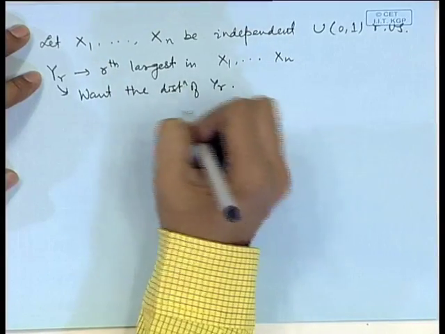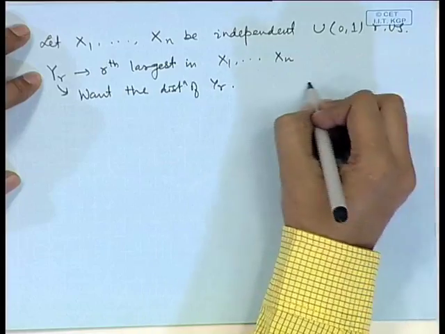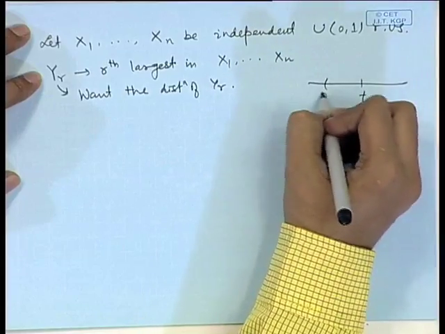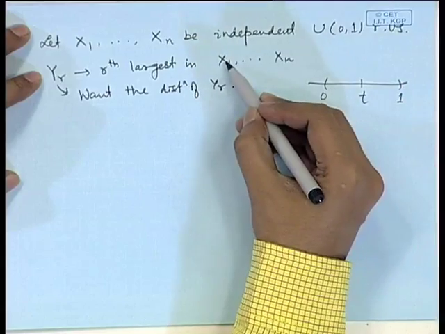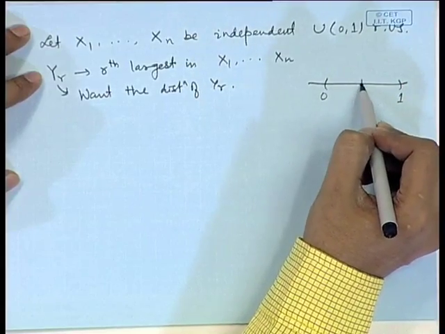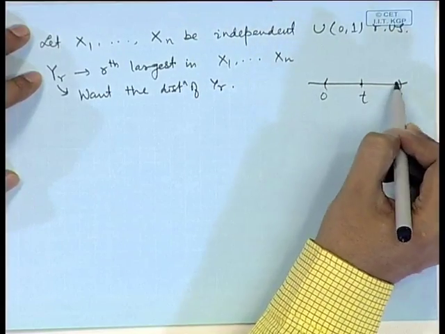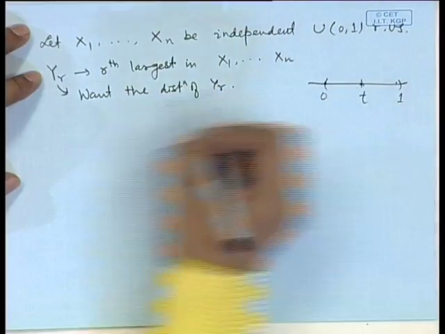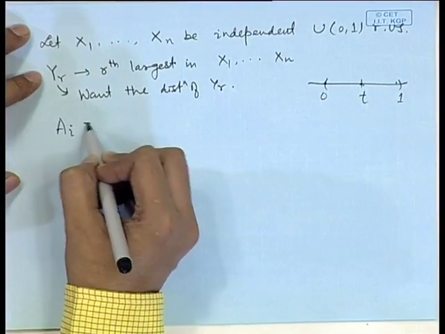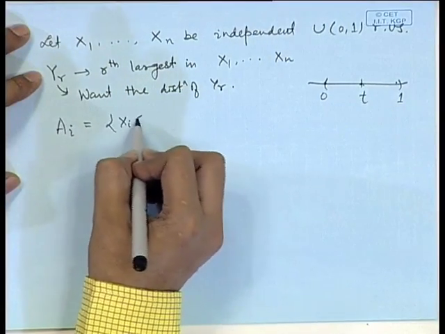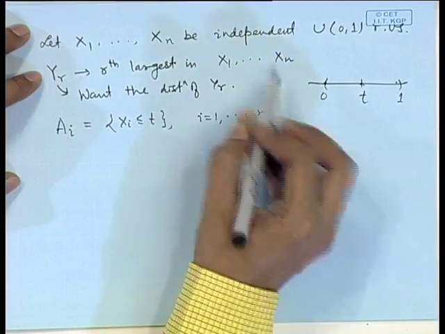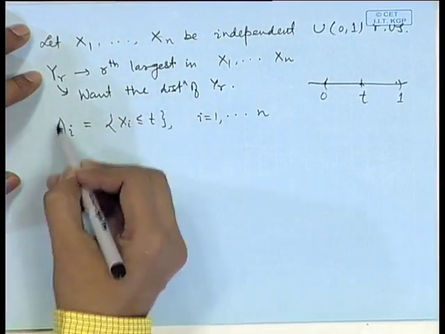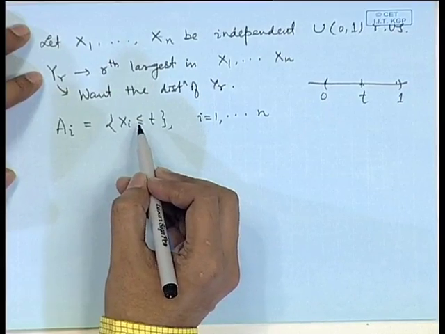Now, to consider this, we may consider some point t on the interval 0 to 1. Then any x i may be bigger than t, that means, it may be between t to 1 or it may be between 0 to t. So, if we consider A i to be the event that x i is less than or equal to t, and if the x i's are independent, then the A i's are independent events.